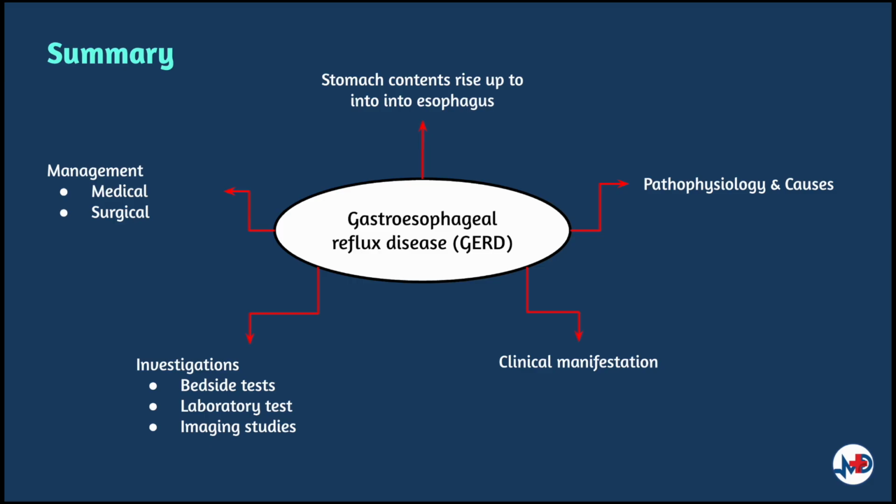We have understood the pathophysiology and causes of gastroesophageal reflux disease, the common presentation one would come in with, how to make a diagnosis based on physical examination as well as investigations such as esophageal pH monitoring and esophageal manometry, other imaging studies which may be useful in confirming the diagnosis, and finally an endoscopy approach which will be useful to not only detect the abnormality of reflux mechanisms but also the lining of the esophagus and the stomach.